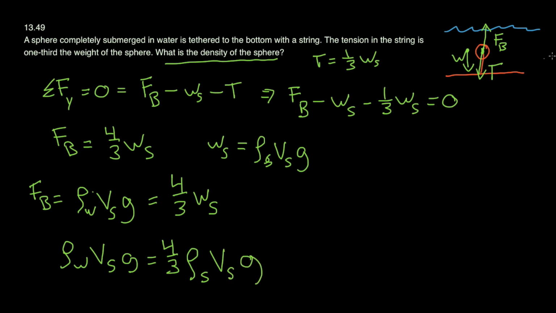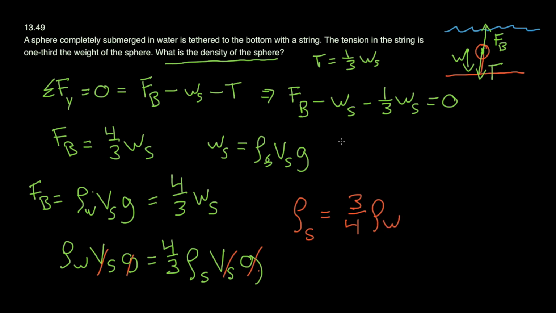Now if you notice, we have a lot of cancellations here. Our gravities are going to cancel out, our volume of the sphere is going to cancel out, and we're just left with the density of the sphere, which we don't know, and the density of water, which we do know. And so let's go ahead and solve for the density of the sphere. It's going to be equal to 3/4, dividing through by 4/3 on both sides, times the density of water.